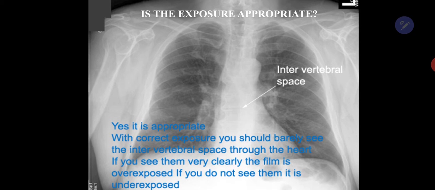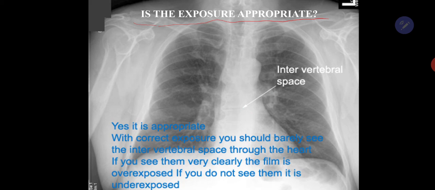The next thing which we have to look for a quality image is about the exposure, if the exposure is appropriate or not. In this image, yes, it is appropriate because you should barely see the intervertebral space.